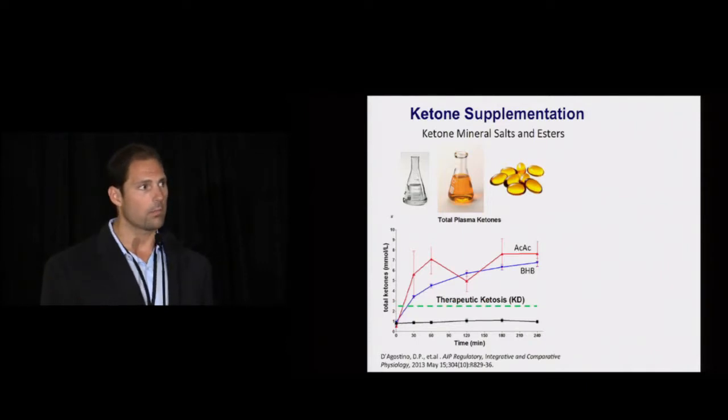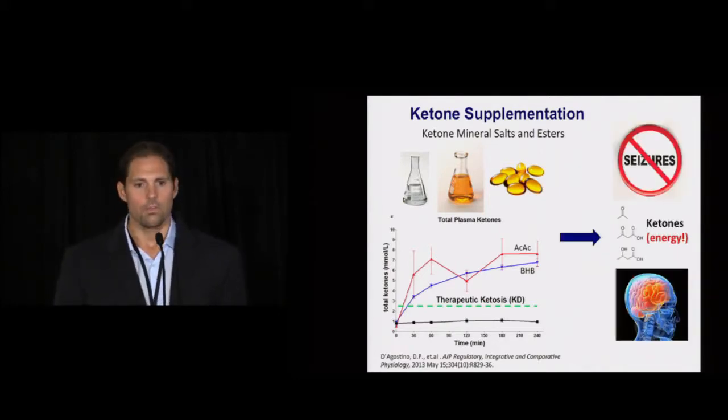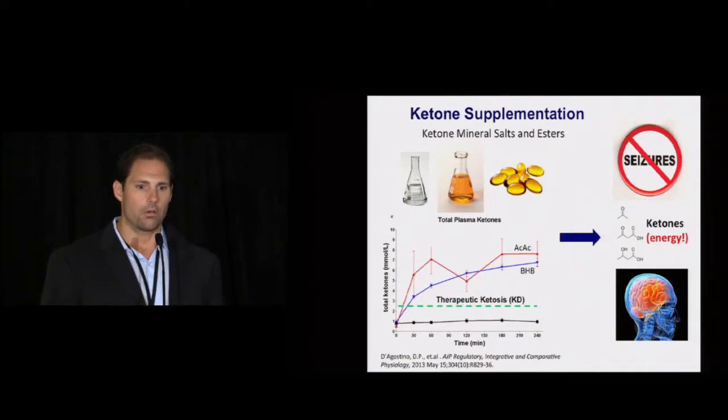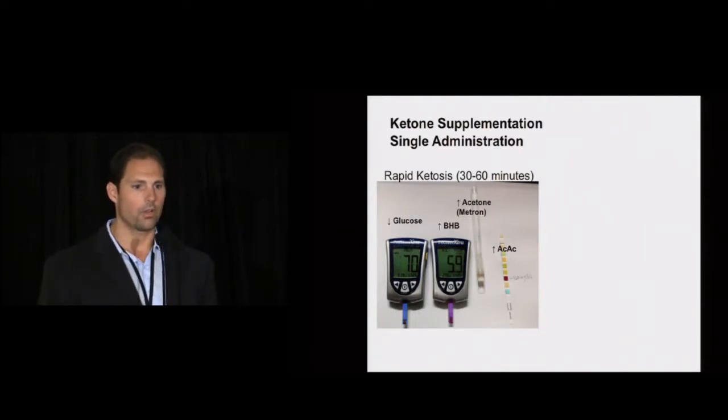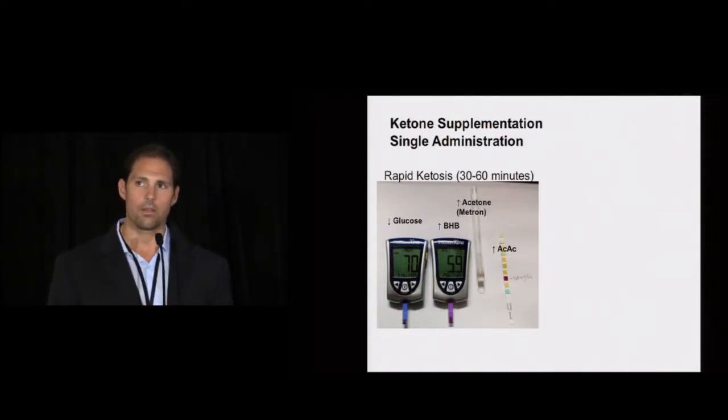We can elevate blood levels of acetoacetate, which has an important role in seizure control, and beta-hydroxybutyrate. A single administration of a ketogenic agent, in the form of a mineral salt preparation or an ester, causes a rapid ketosis in a time frame of about 30 minutes.